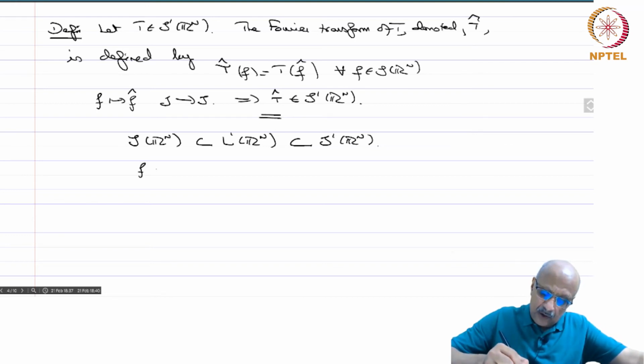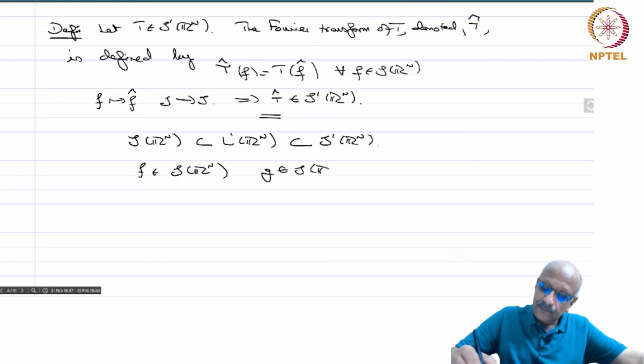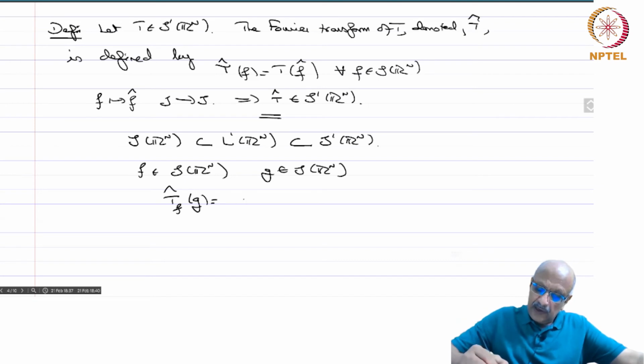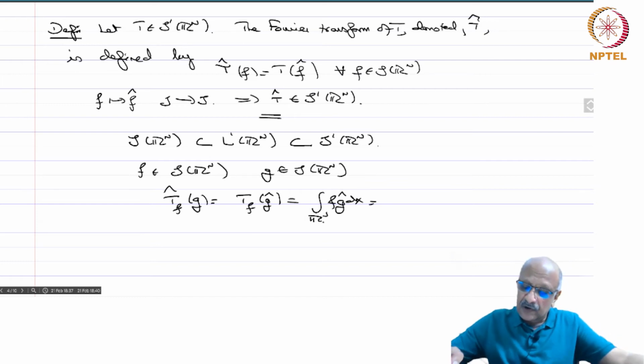So let f belong to S(R^n) and let g also belong to S(R^n). So T_f hat of g will be T_f of g hat, that's equal to the integral over R^n of f g hat. But we have proved the weak Parseval relation for functions in S(R^n).